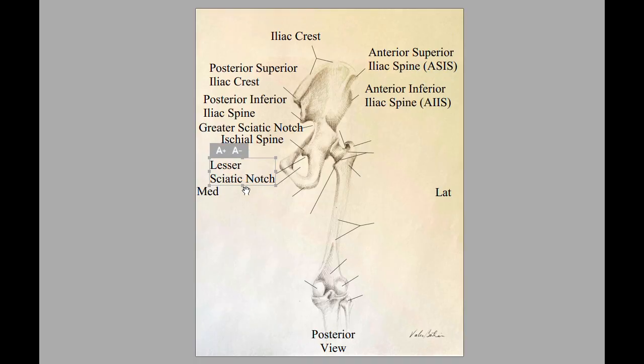That's that guy. And then right here, this second line right underneath this one is pointing to this open space right here. This is a foramen. Remember, foramens are basically complete circles that allow the transmission of structures from one area to another.